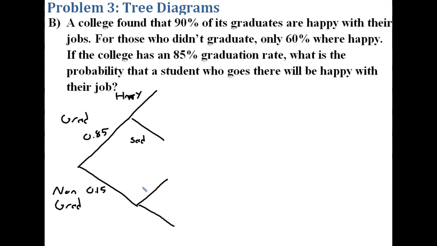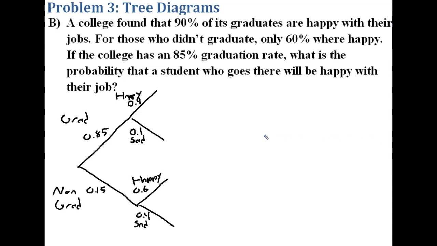And if they don't graduate, they can still be happy or sad with their job. If they graduate, there's a 90% happiness rate, so we'll say 0.9 and 0.1 for sad. For the non-graduates, there's a 60% happy rate, meaning there's a 0.4 probability for non-graduating and being sad.